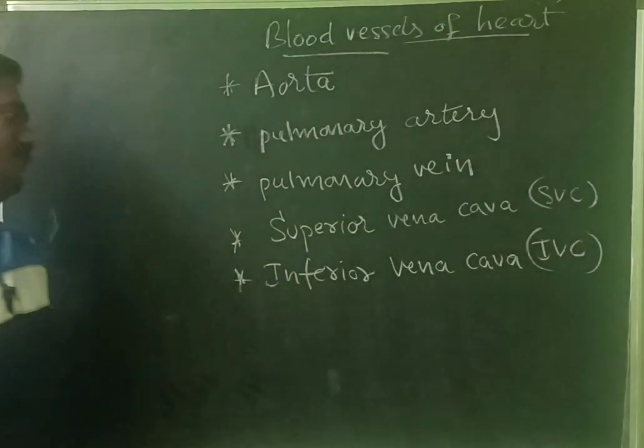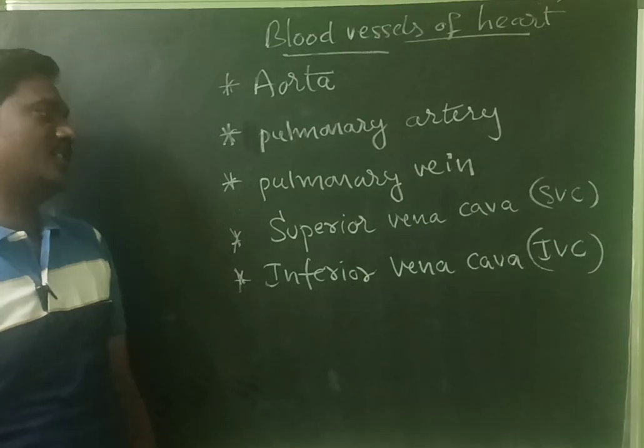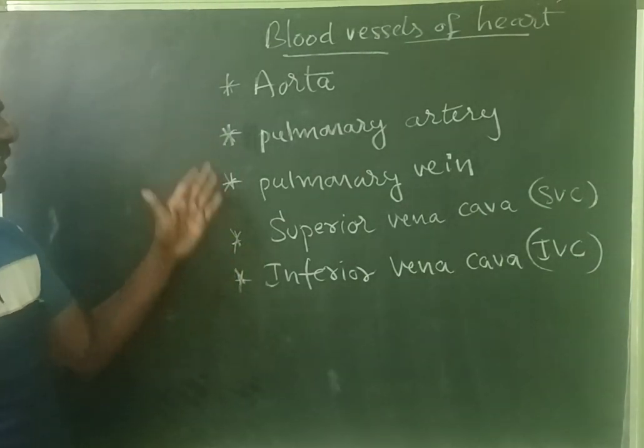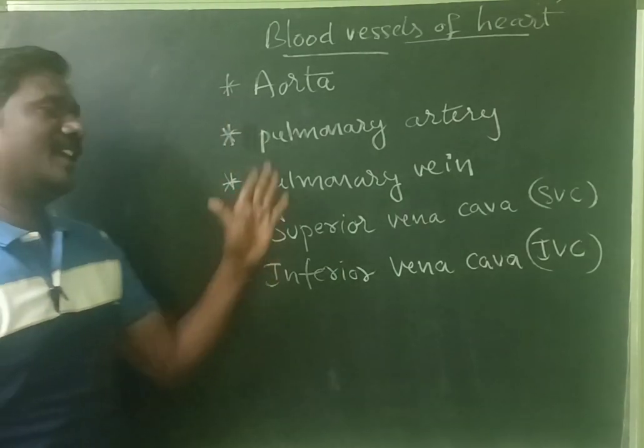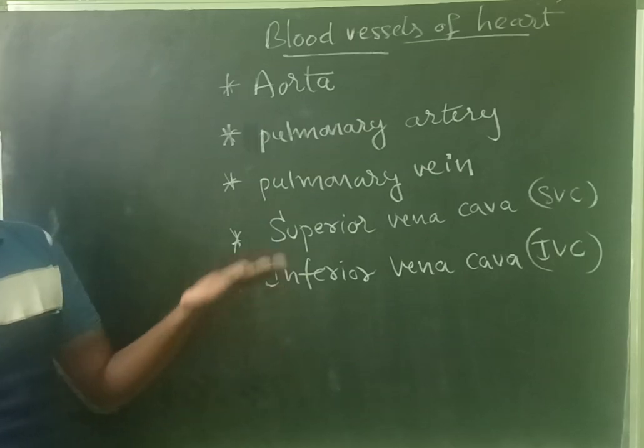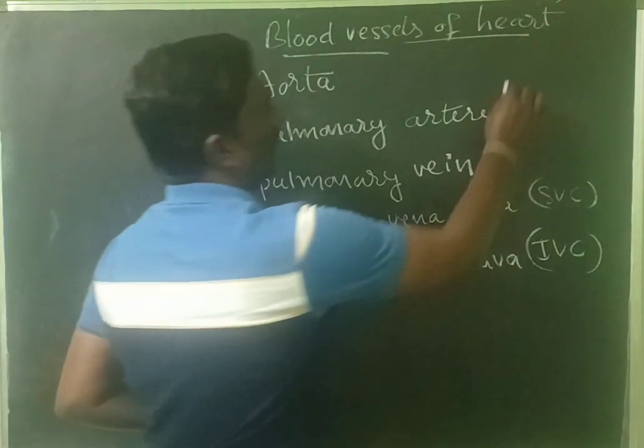These are the five important blood vessels associated with the heart. So what are their locations, and where do they collect and distribute the blood? So this is the heart.